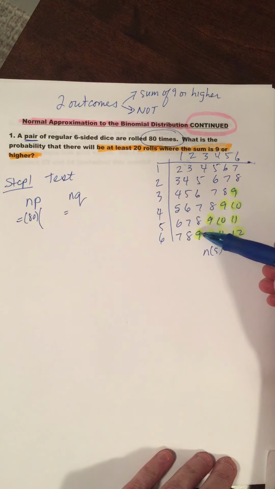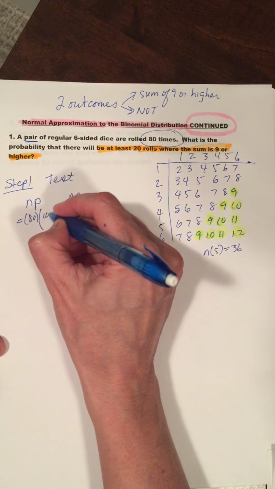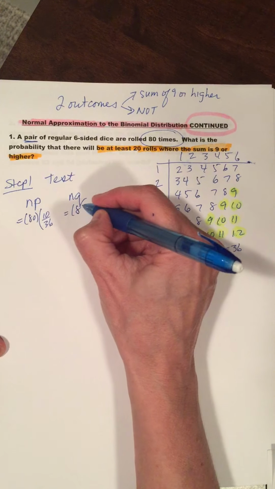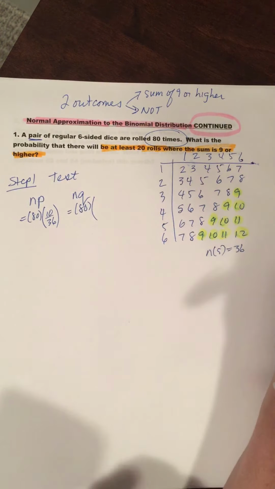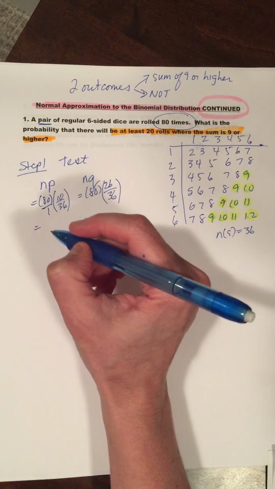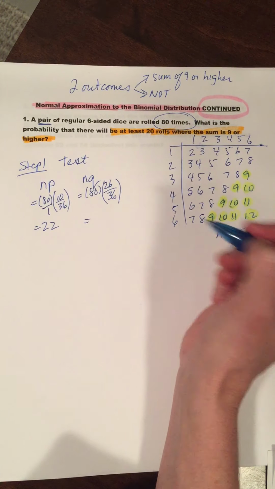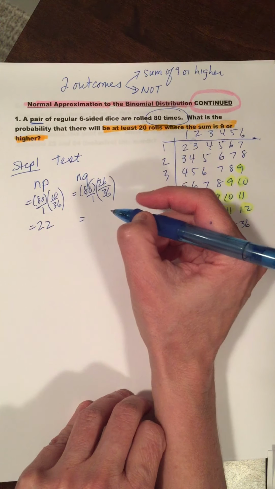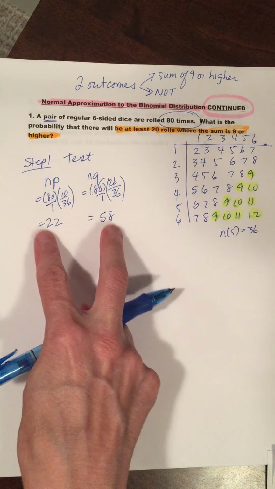A sum of 9 or higher is 1, 2, 3, 4, 5, 6, 7, 8, 9, 10 out of 36. Your NQ is your probability of failure. That would be anything that's not highlighted in yellow, and that would be 26 out of 36. So 80 times 10 divided by 36 is 22. That's bigger than 5. 80 over 1 times 26 divided by 36 is 58. Since both are greater than 5, we can move to step 2.